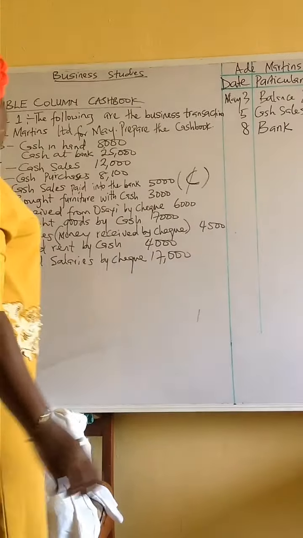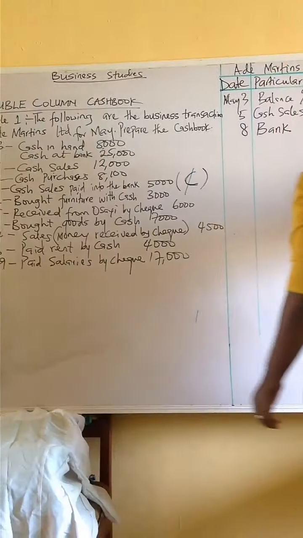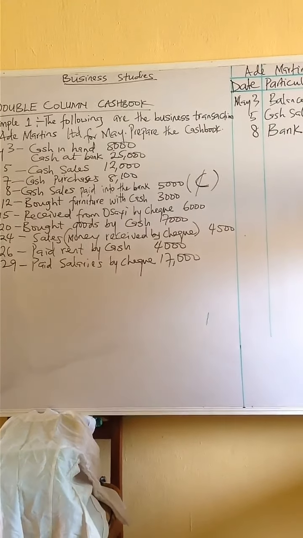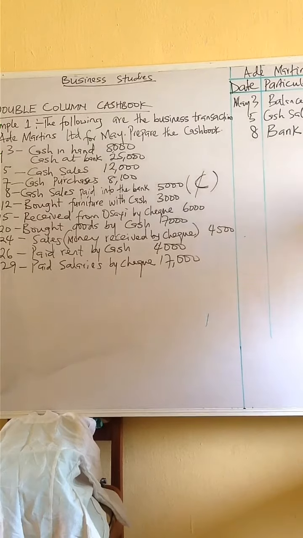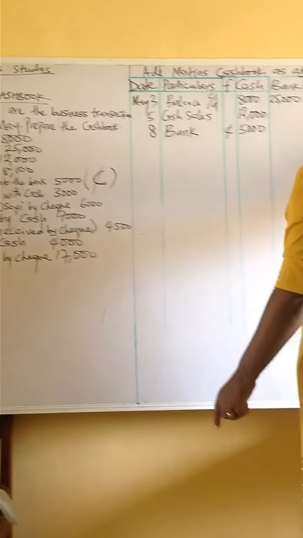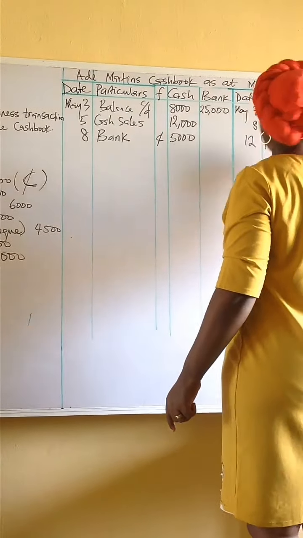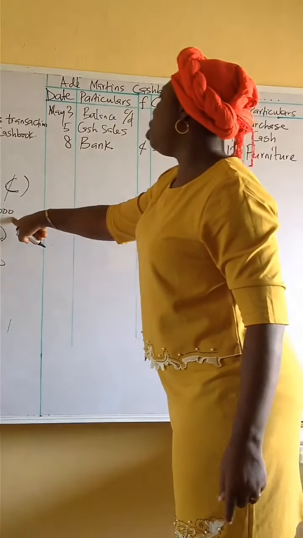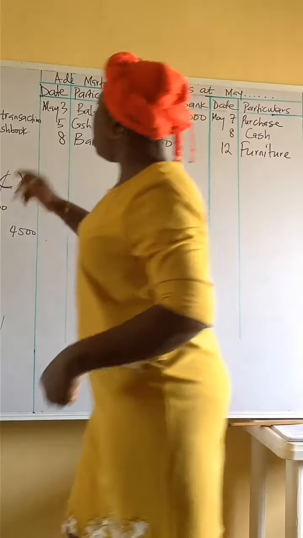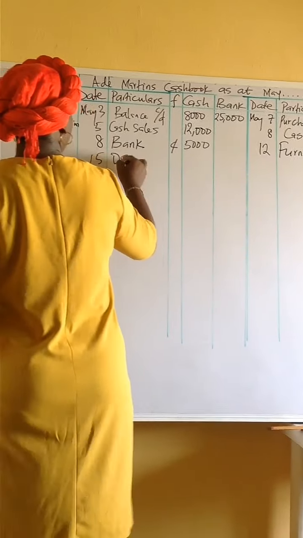So let's go back to our question now. On the 12th, bought furniture with cash. So it comes to the cash column. That's where you record it. On the 15th, received, the business is benefiting, from Osayi.